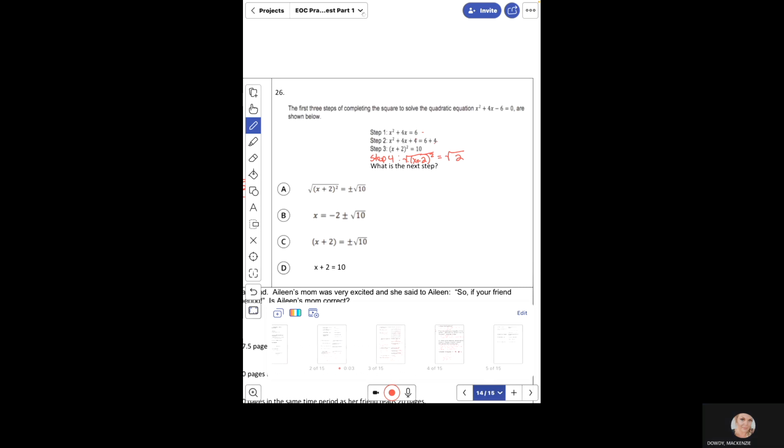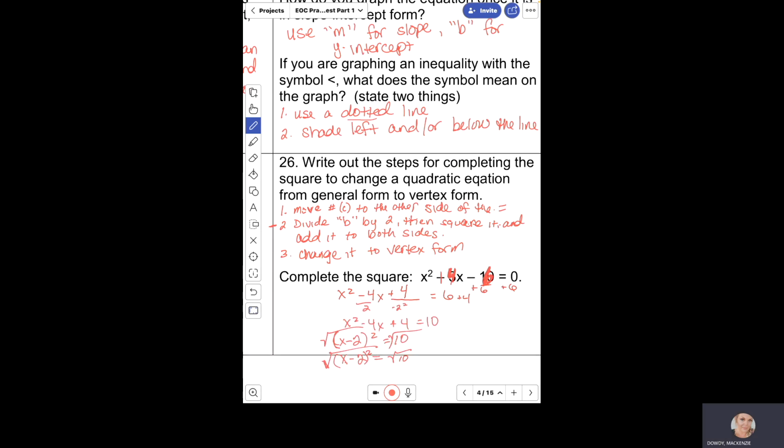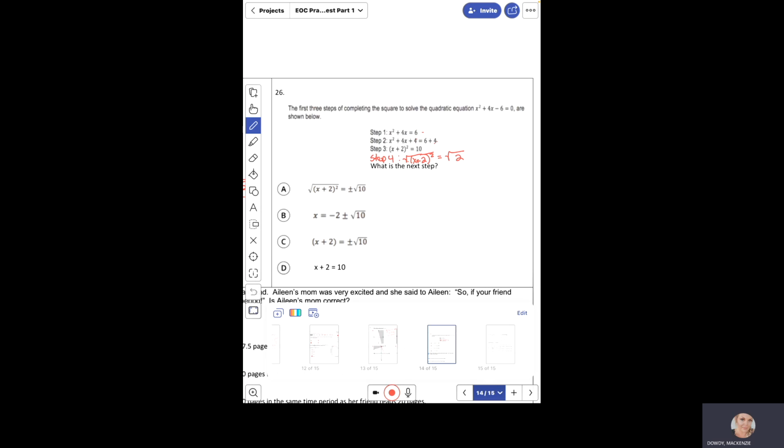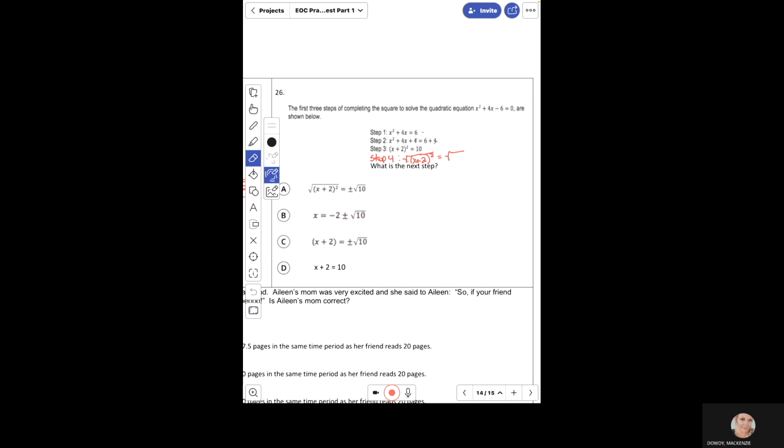Go back here. This should have been plus 4x. So then this would have been x plus 2 squared. There we go. No big deal. Because the other way wouldn't have given me that middle term. Okay, so for this one, our answer here is A.